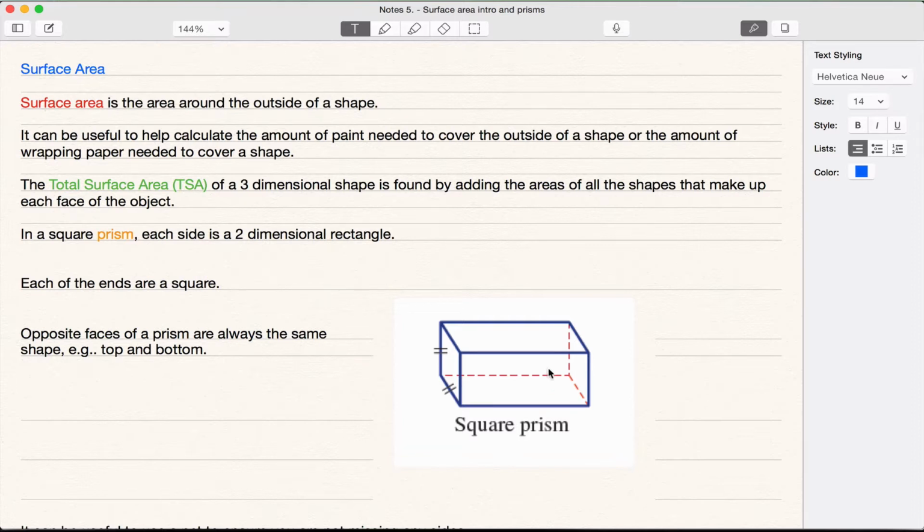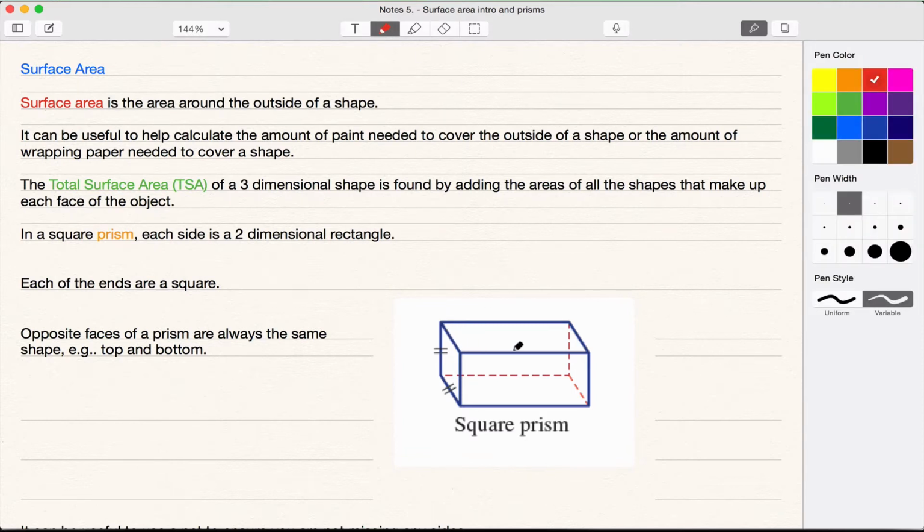In a square-based prism, just like the one I've got here, each side or each face is a two-dimensional rectangle. So if you look at this top side here and take it out into two dimensions, it would be a rectangle.